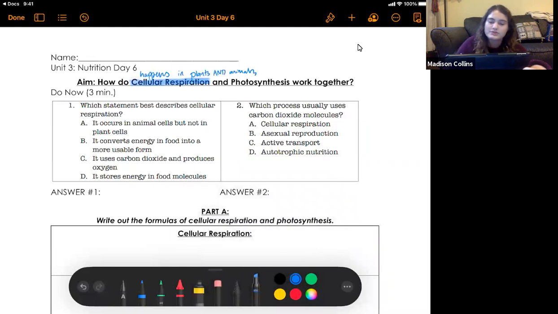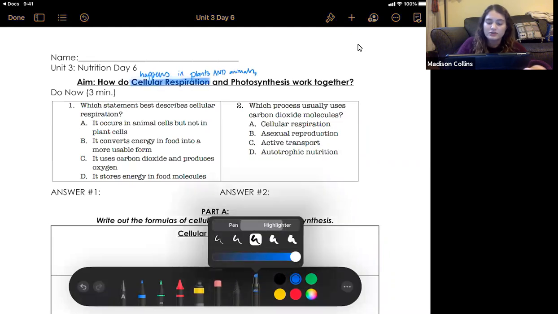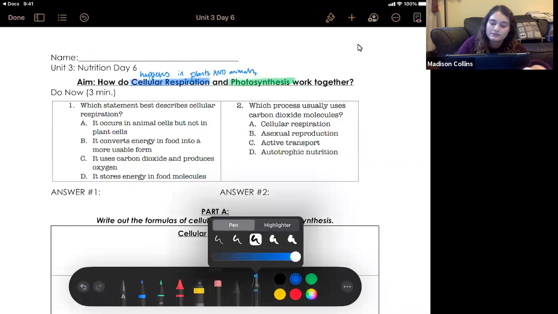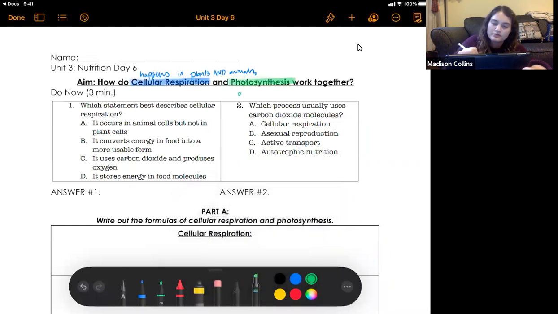Okay, and photosynthesis, we should note that that only happens in plants. Okay, so today we're going to talk about what each of these processes are and how do they work together? What's the point of it all?